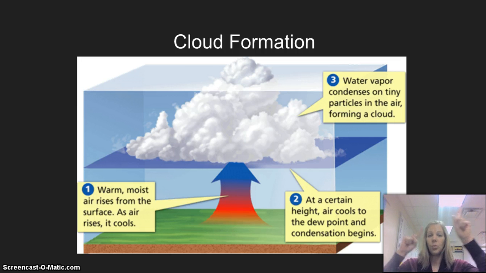Condensation begins. The water vapor particles start slowing down, getting closer to each other. They cohere together, making tiny water droplets. Then last thing, these water droplets condense onto solid particles in the air, which that whole process causes what we see as those white, fluffy clouds. Sometimes they're not white, sometimes they're dark, but those clouds in the sky.